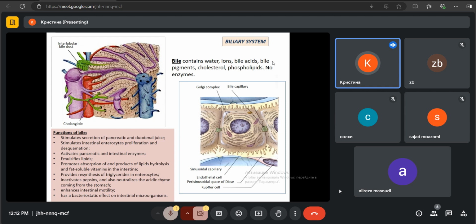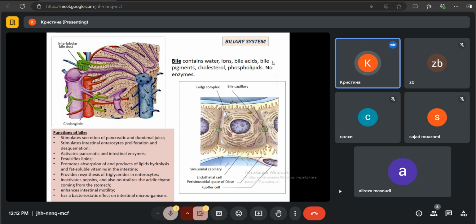And these bile pigments should go with the bile to the intestine. Some of the bile pigments go to the intestine and give the feces the brown color, and some of the bile pigments go to the blood and then into the kidney and to the urine, making the urine its yellow color.